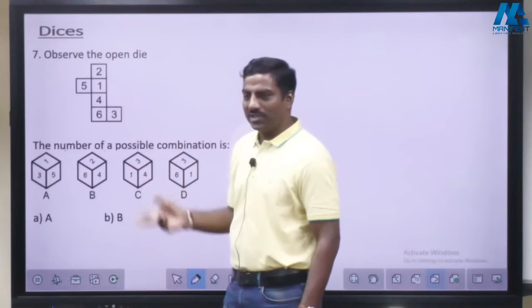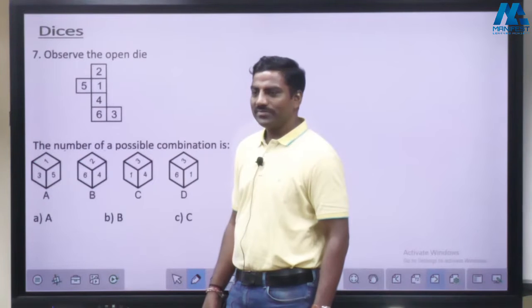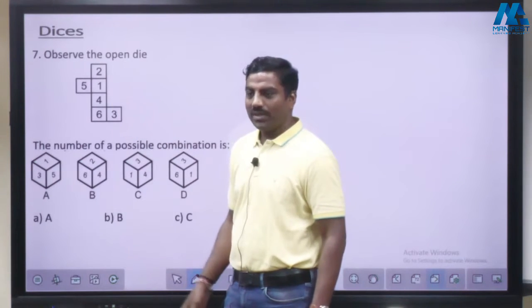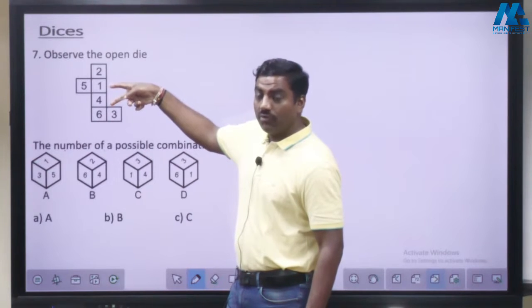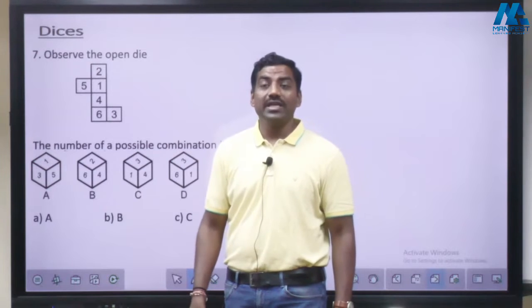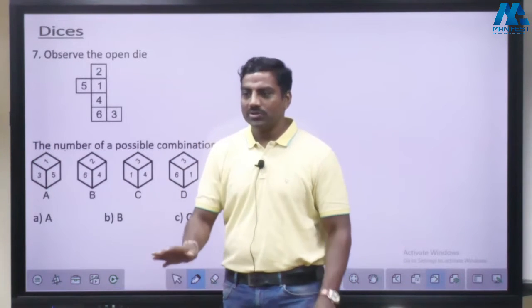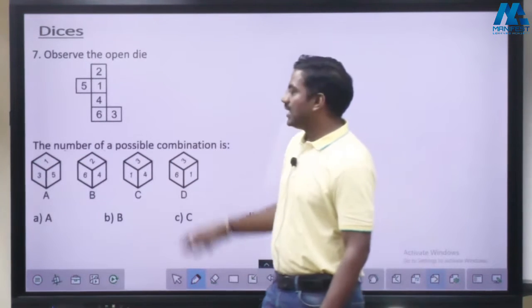Now, 2 is opposite of 4, 1 is opposite of 6, 5 is opposite of 3. Two adjacent squares will never be opposite. Only the alternate ones will be opposite. So that is the biggest clue we have, right? Yes or no?